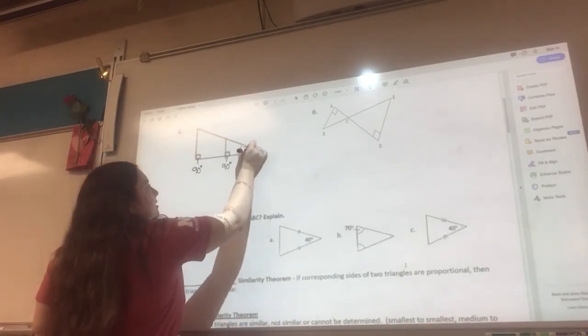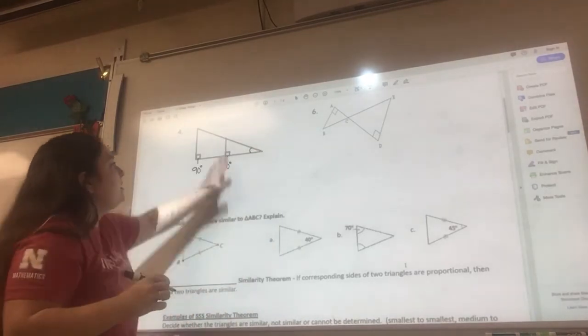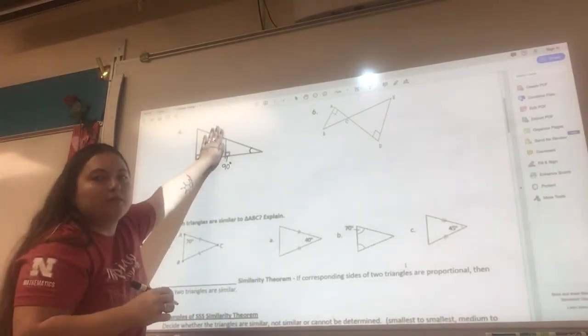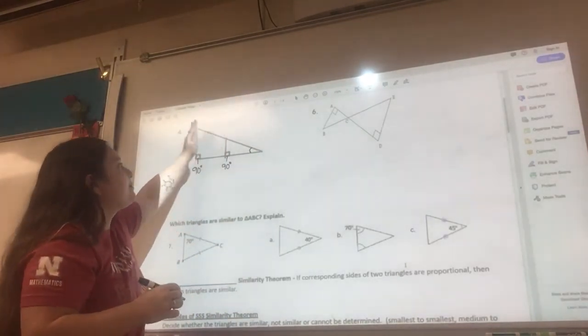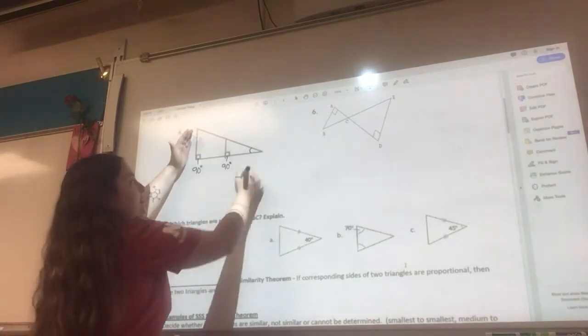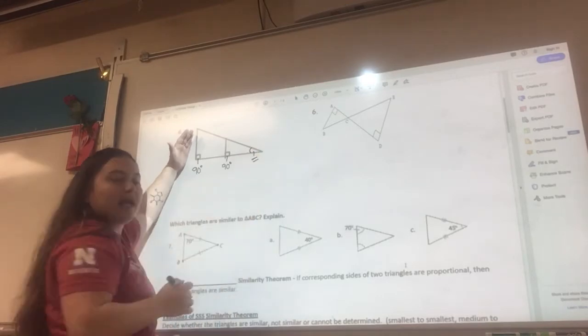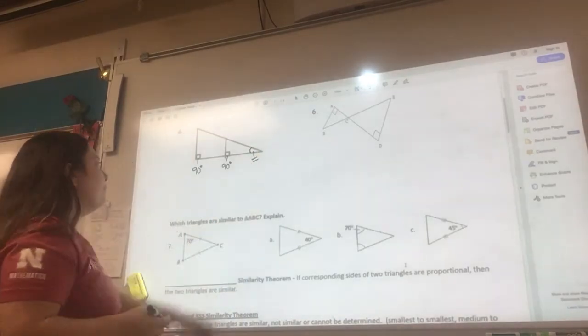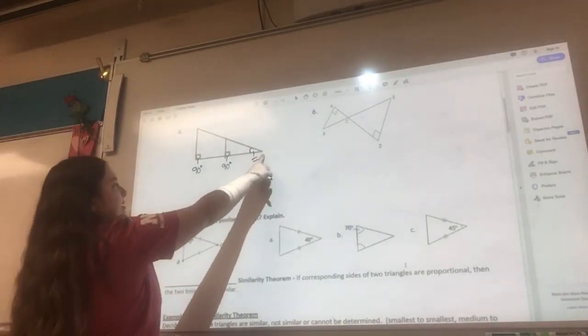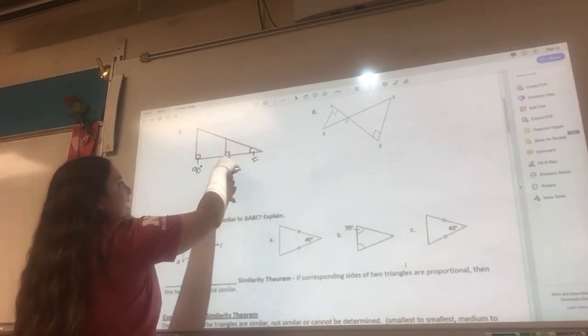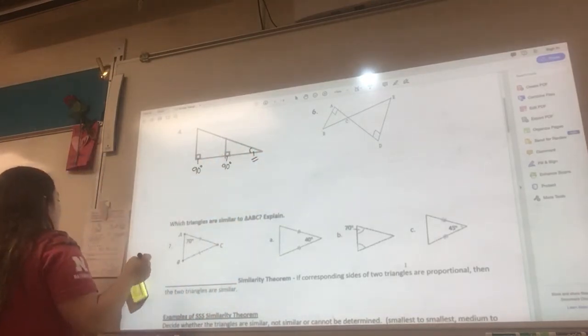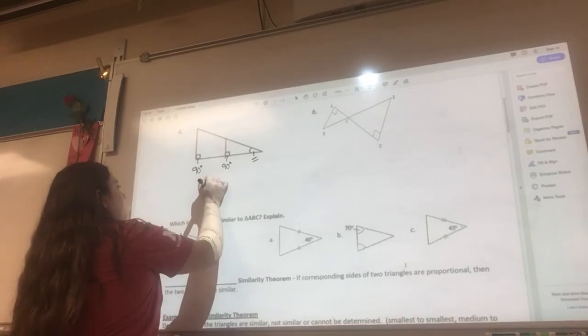But what about this angle? This angle is part of the small triangle, and it's part of the big one. So does that not mean they match? These have to be equal. It's the same angle. Because we have the same angle based off of the picture and two 90 degree angles, they are similar.